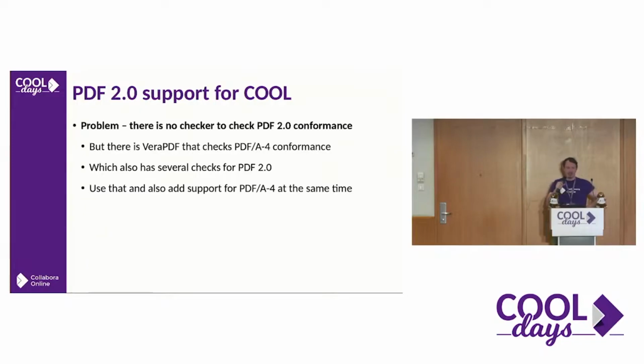There was no such tool available for PDF 2.0, but there is the veraPDF tool which checks PDF/A for conformance, which is based on PDF 2.0. So in the end, I took this and in January also got PDF/A-4 support out of it for free.